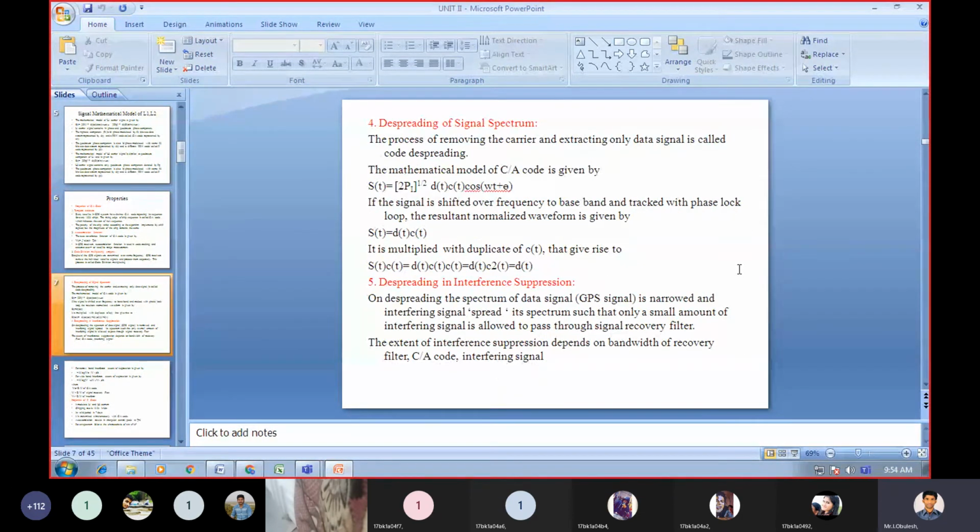The next property is despreading of the signal spectrum.